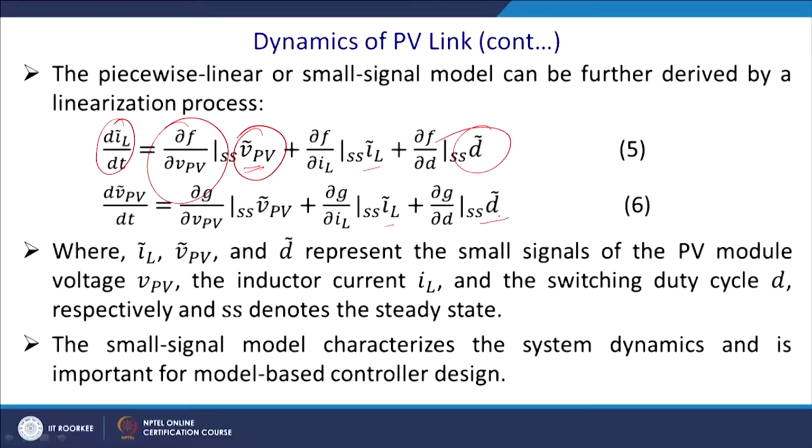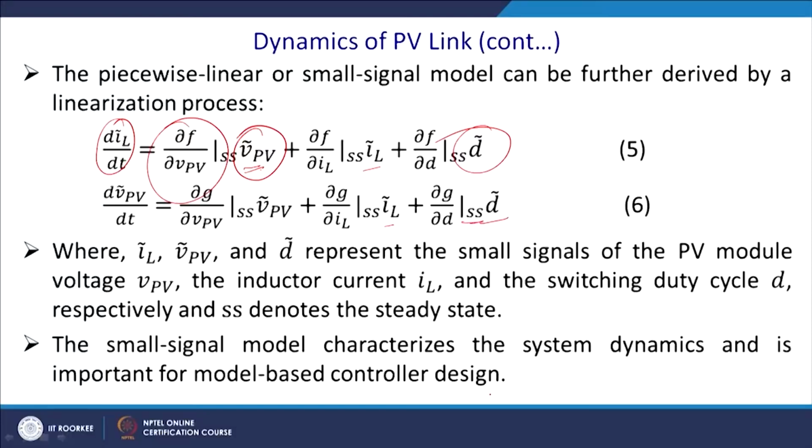Here we say that delta IL, delta VPV and delta D represent the perturbed quantities, or the small signals, of the PV module voltage VPV, the inductor current IL and the switching duty cycle D respectively, and SS denotes the steady state value.